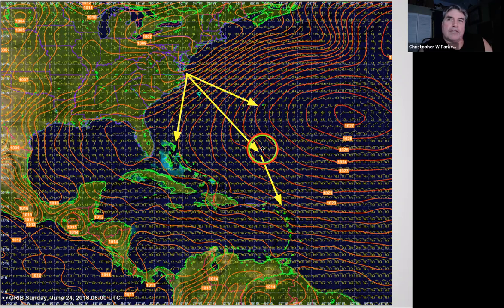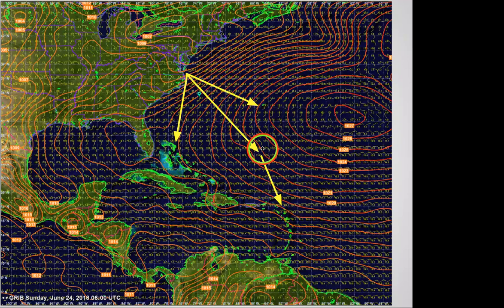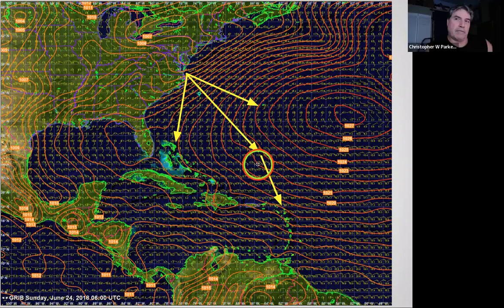Let's say that there's a nasty trough. So let's say that a cold front presses all the way down to 25 degrees north latitude. Let's say that a cold front moves down to 25 north, 65 west and stalls. And high pressure fills in on the north side of it, and the frontal boundary persists, and it's really nasty and squally and really windy. We can get a compression zone on the north side of that frontal boundary caused by the high to the north of it.